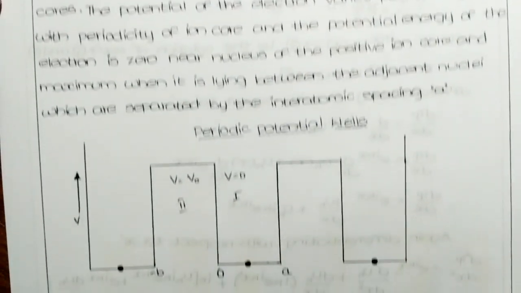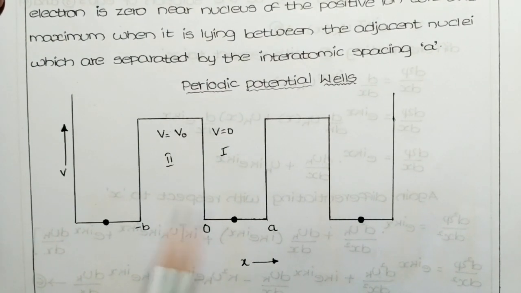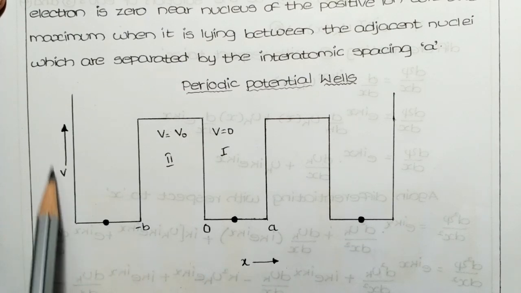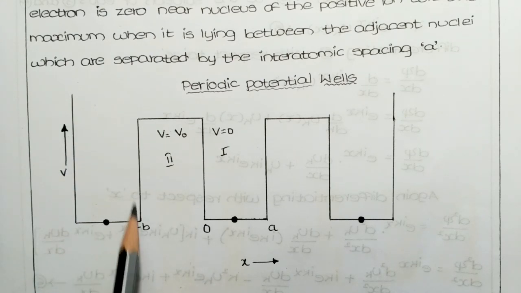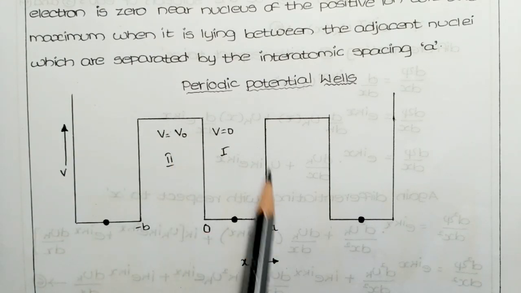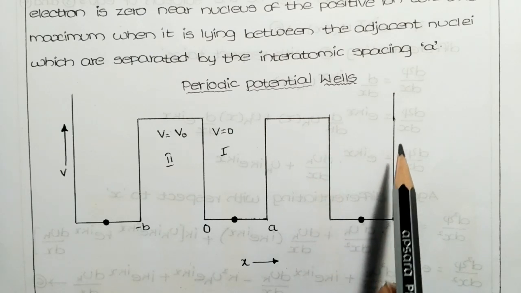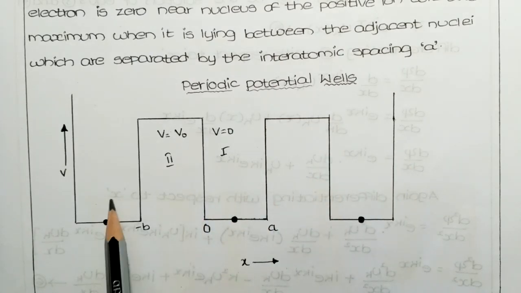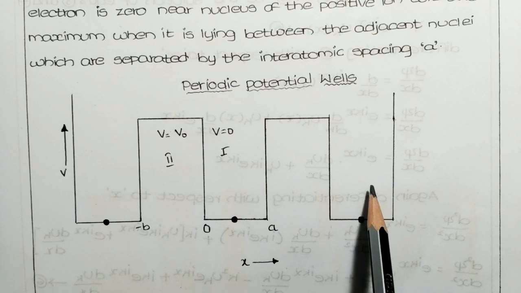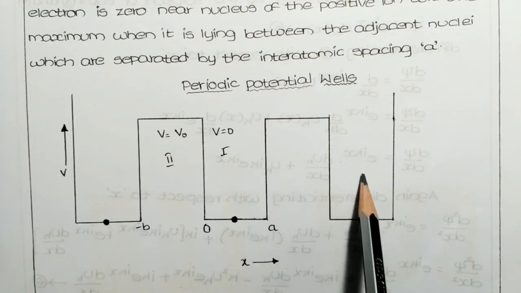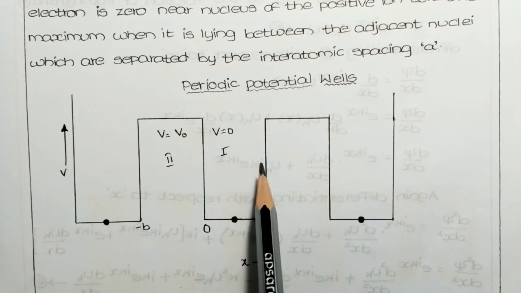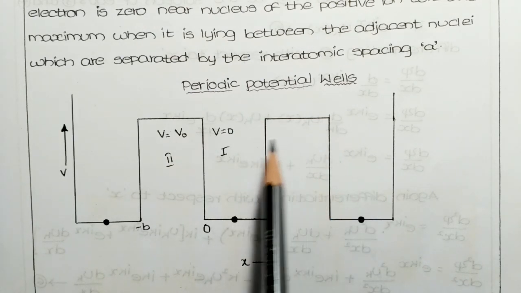Let us suppose here x indicates the displacement and V indicates the potential. Let us take a linear chain of potential wells. This is one potential well, this is one potential well, this is one potential well. In between two successive potential wells, there will be a potential barrier.